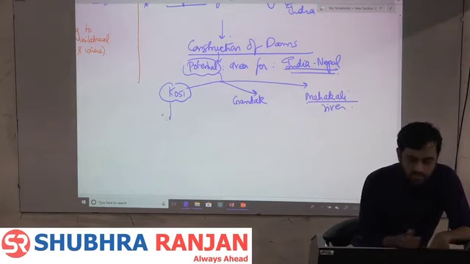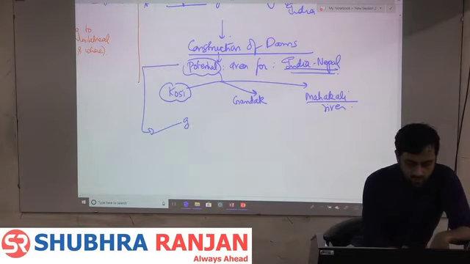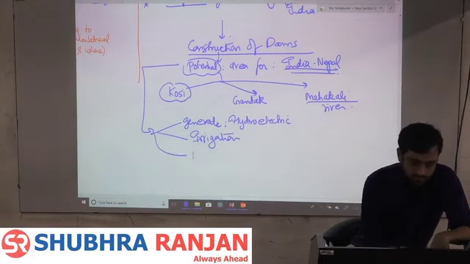And construction of dams has a lot of potential. Why? Because it can generate what? Hydroelectricity, that's one thing. But not just hydroelectricity, sir. Another thing: irrigation. Flood relief. Right?